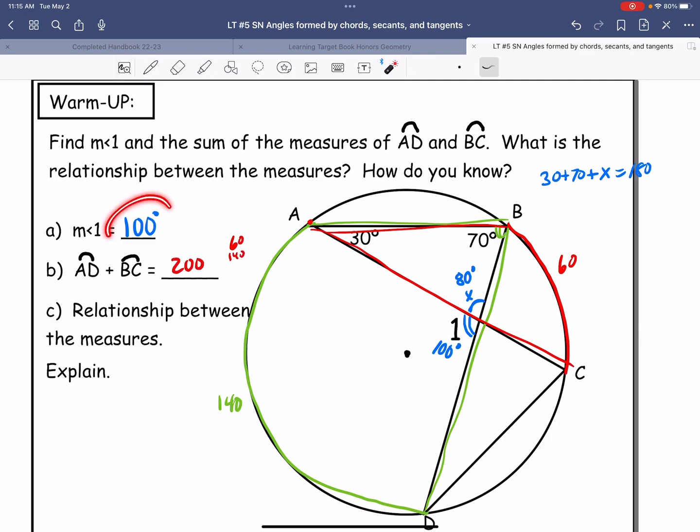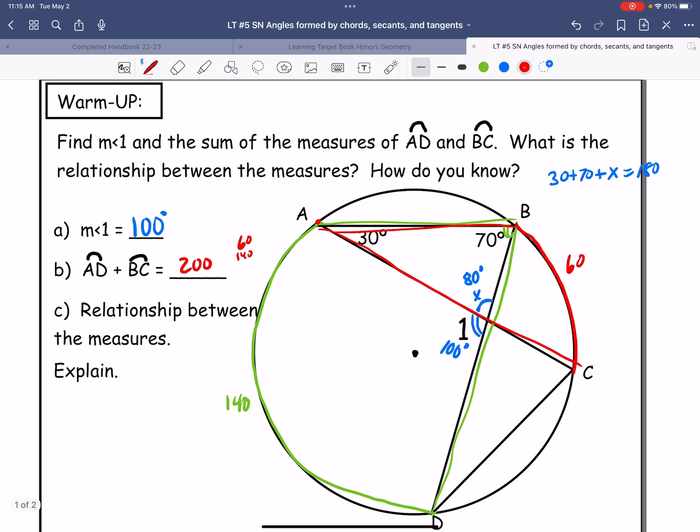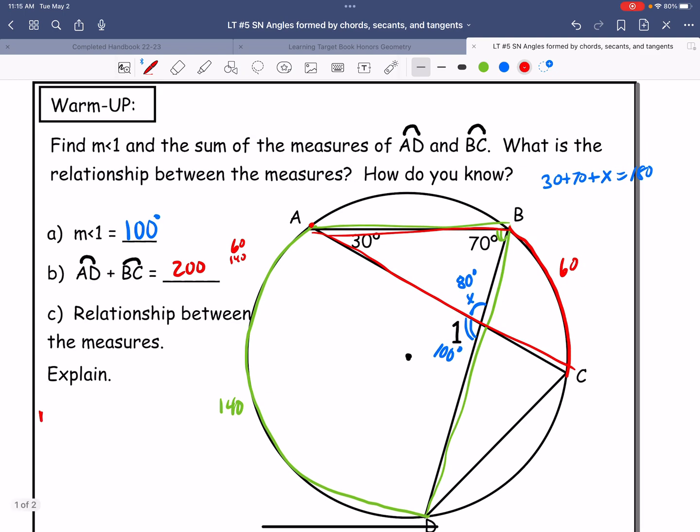What is the relationship between these two measures? Well, angle 1 seems to be half, 100 being half of 200, of this arc plus this arc. So I know that the measure of angle 1 is equal to half the sum of AD plus BC.